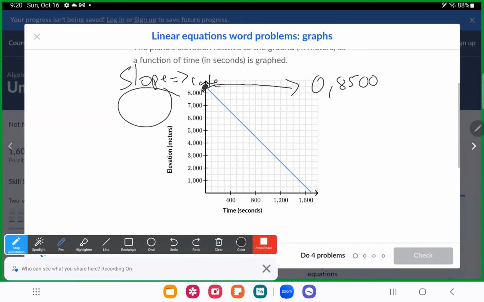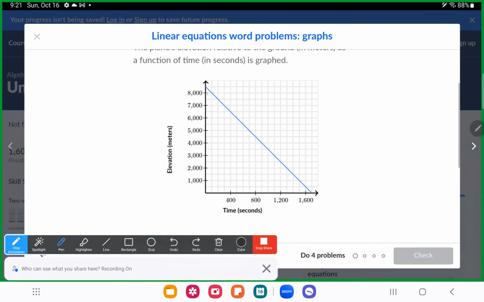Then what about the x-intercept? Or actually, even easier than that, what is the interval here? 1, 2, 3, 4. So 400 divided by 4 is 100, right?